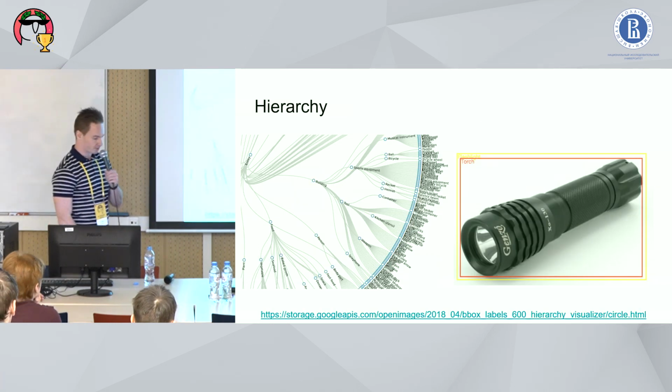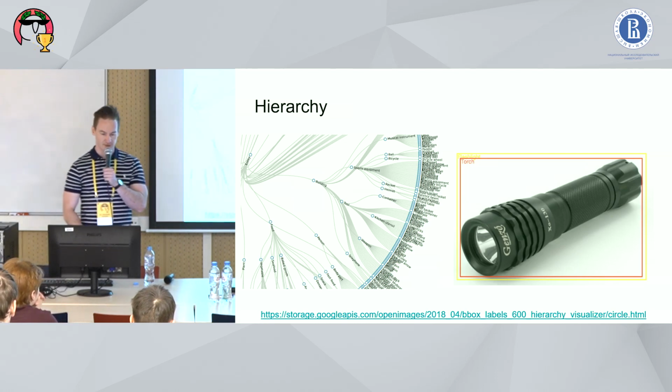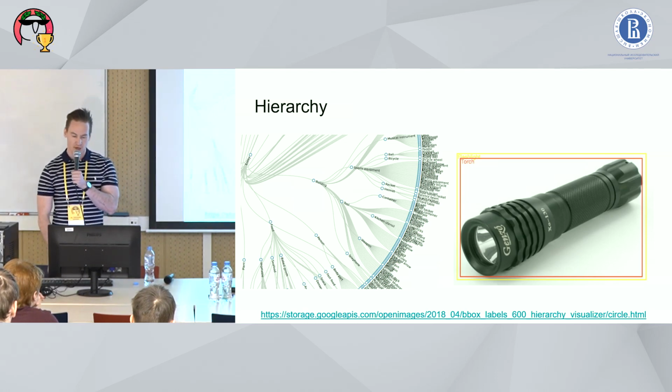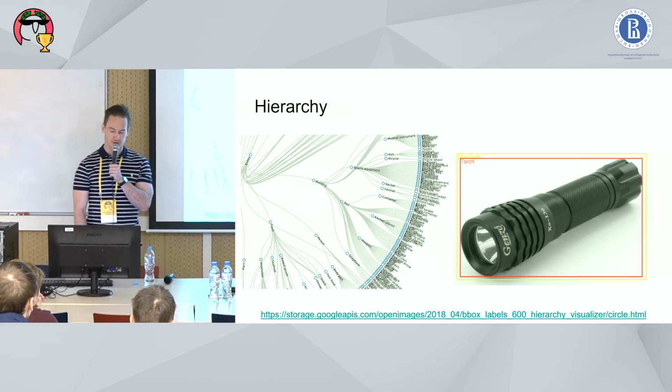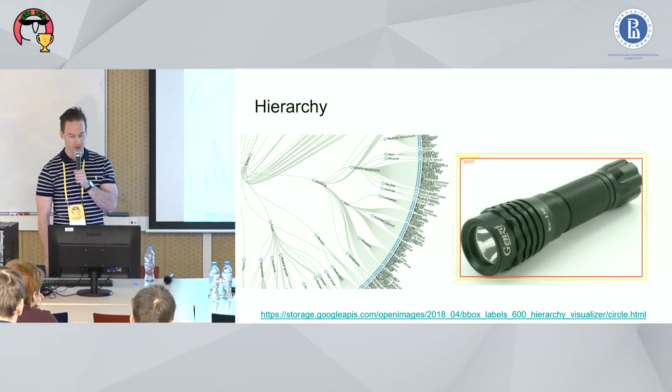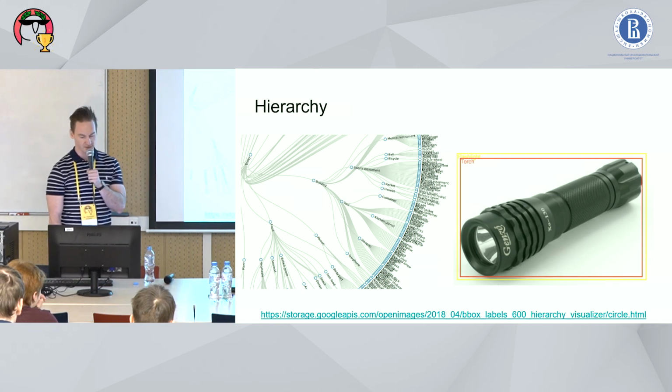Okay, but it's not a flat structure of the classes. It's some kind of hierarchy. So, for instance, there is a torch, and at the same time, it's a flashlight. So for this kind of image, you need to predict two very identical bounding boxes, but with different classes. It's a little bit confusing.